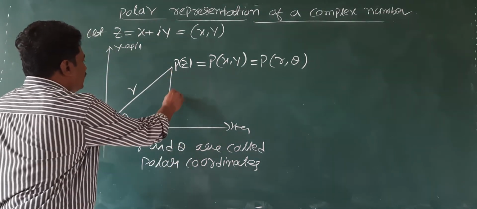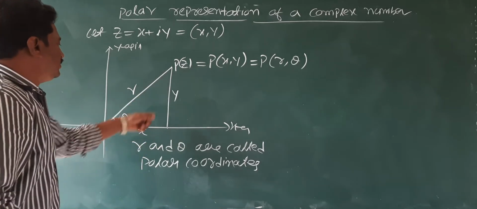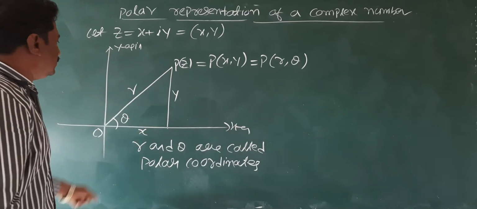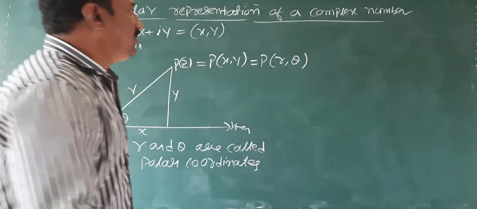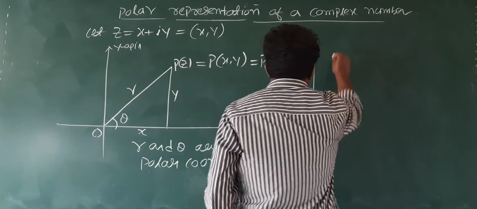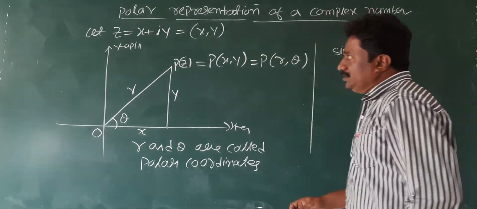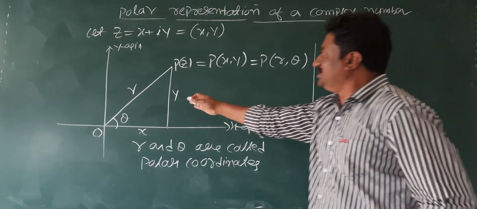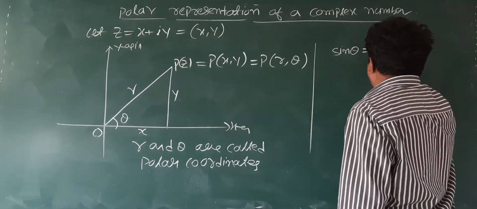This length is y, this length is x. From the triangle, sin theta is opposite by hypotenuse, so y by r.